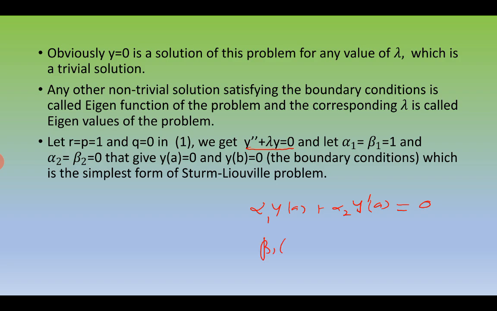Second, beta 1 y of b plus beta 2 y prime of b is equal to 0.